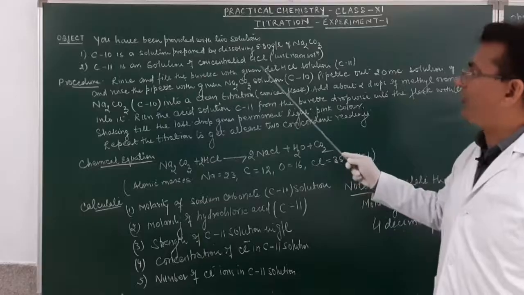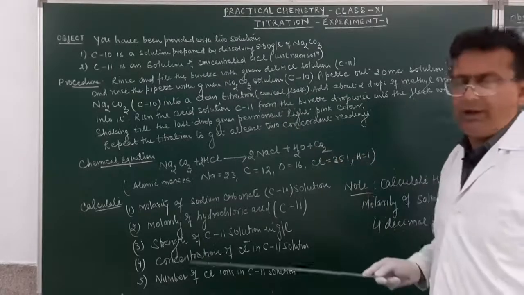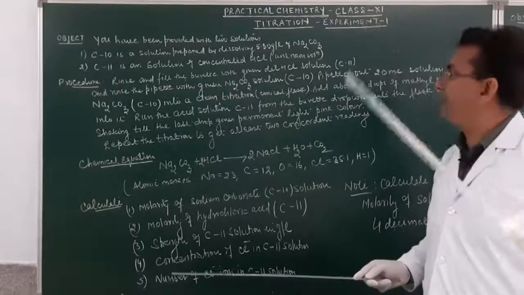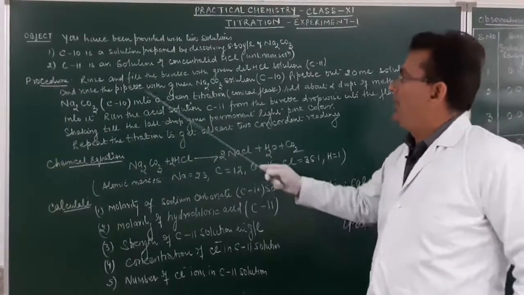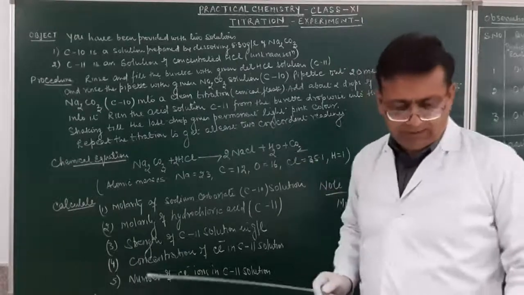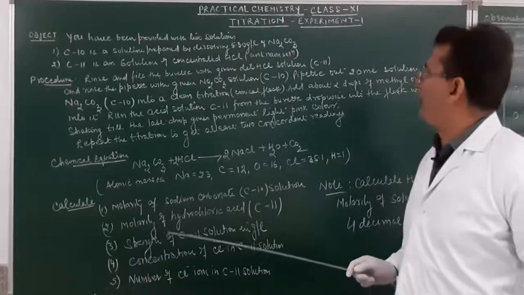This dilute solution is to be filled in the burette. This is a burette, and this is the C11 solution. And rinse the pipette with sodium carbonate solution. This is the pipette. It is to be rinsed with sodium carbonate solution.